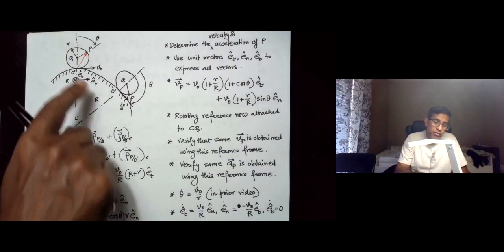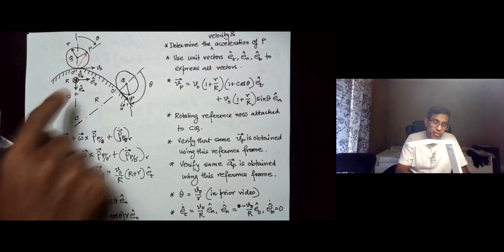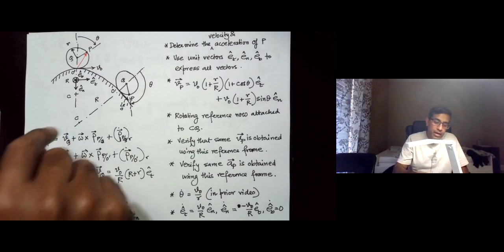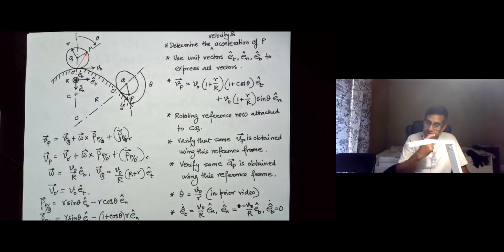And the binormal, so this is an NT coordinate system, the binormal unit vector accordingly is going to be pointed perpendicular to the page pointing downwards.